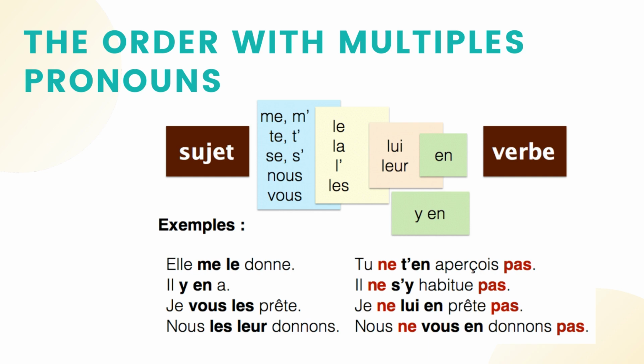But in French, there's an order that you have to respect. And on this slide, you can visualize it. Okay. This is something that needs practice. And for those of you who are in my advanced intermediate classes, we will definitely work on that next time with exercises because I think it's extremely important.